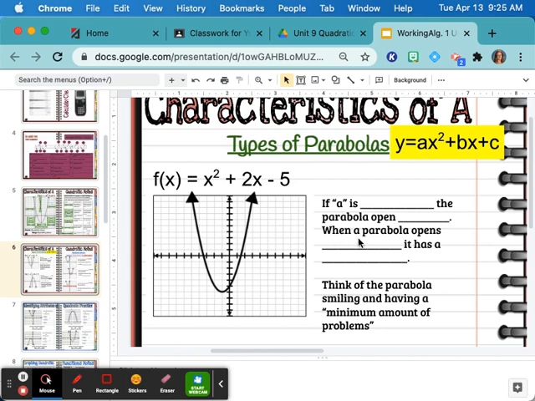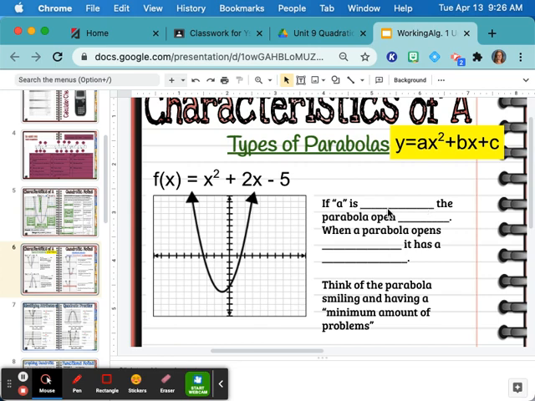So the first function that we have is f of x equals x squared plus 2x minus 5. So what's the number in front of x squared? What is the a value? If there's nothing in front of it, what do we say is actually right here? A 1.